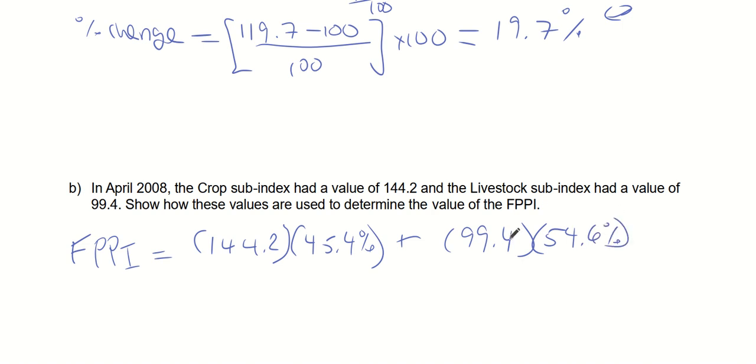And on the bottom here, you add these two together, that's 100%. And we should get a value of 119.7. Okay, that was just a weighted value problem.